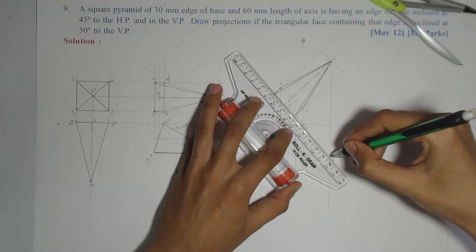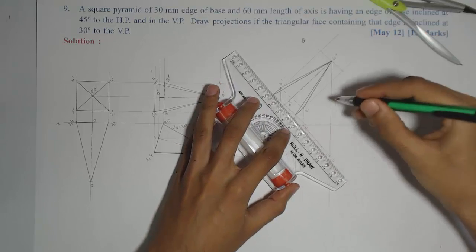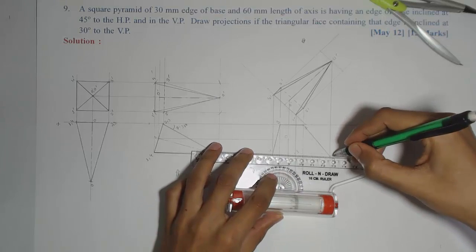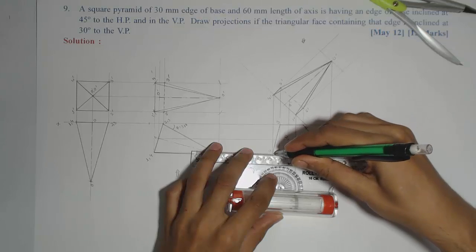I can make it dark. Okay. Then if you see O to 4, 1 is lying inside, so O to 4 will be a boundary.